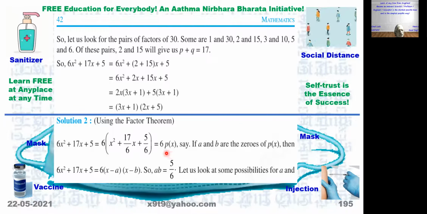Now this 17 by 6 we have to split into two numbers. So if you write like this, then we get product is equal to 5 by 6 because we have made the coefficient here 1. So 1 multiplied by 5 by 6 is 5 by 6 only.